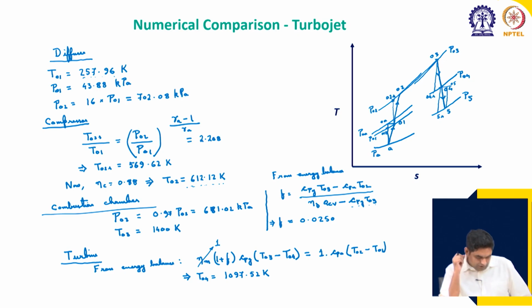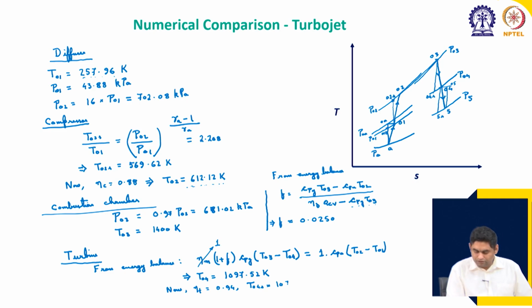Again, you can compare this with other problems if you want, to get an idea about how these things vary. So, next we have to find the pressure P04. For that, we first need to find the temperature T04s. Okay. So, now the isentropic efficiency of the turbine is 94%. From there, we will get the value of T04s, and this comes out to be equal to 1078.21 Kelvin.